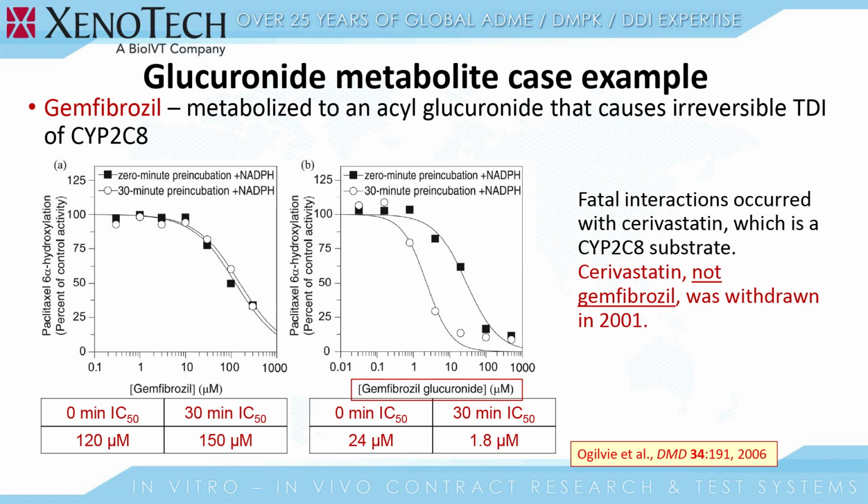With the 0-minute pre-incubation, the IC50 is 24 micromolar, while at 30 minutes, the IC50 decreases all the way down to 1.8 micromolar. This leftward shift is indicative of a time-dependent inhibition of the enzyme.